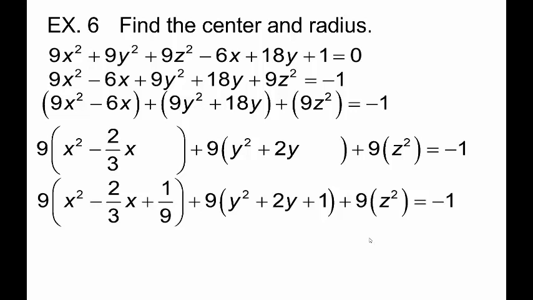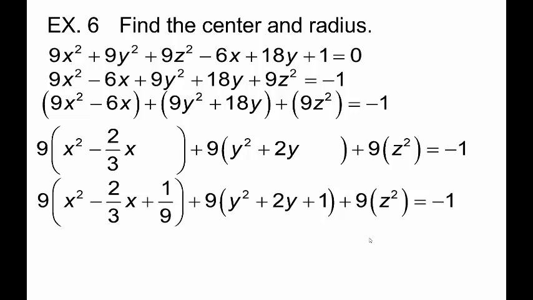Negative 2 over 3 divided by 2 is going to become negative 2 over 6, which reduces to 1/3, and then 1/3 squared is 1/9. Same thing for the y's. 2 divided by 2 is 1, 1 squared is 1. And then I didn't have to complete the square for the z's.